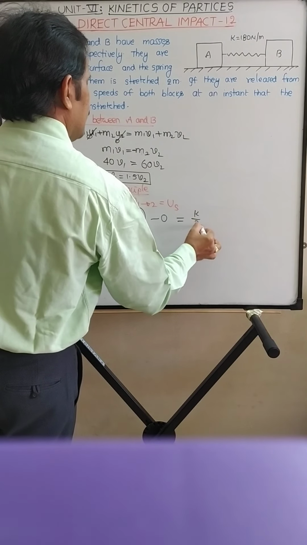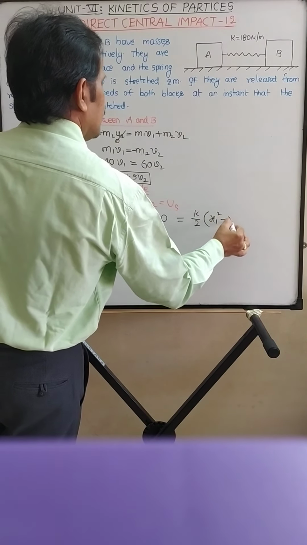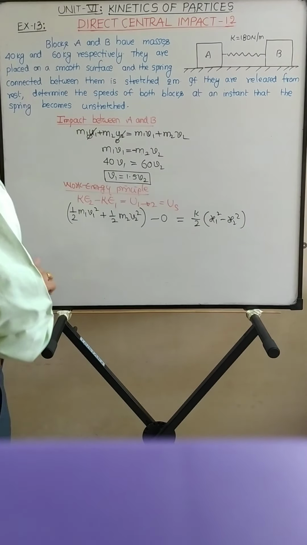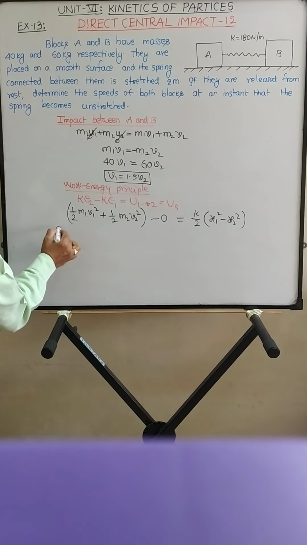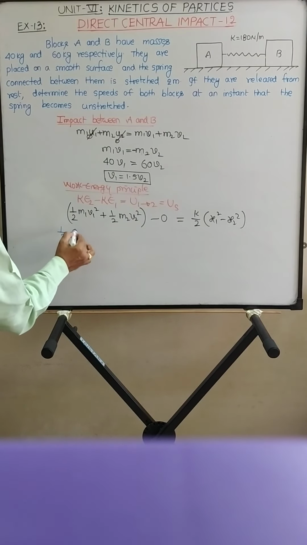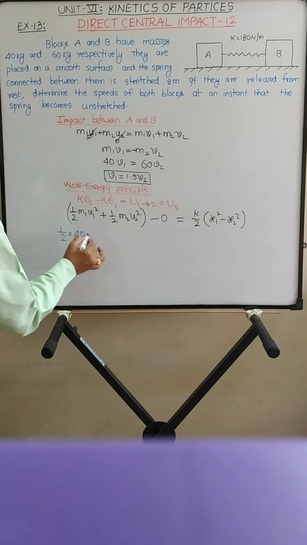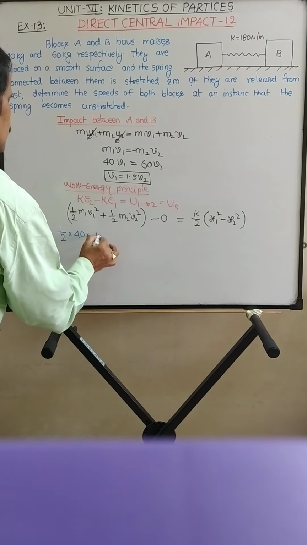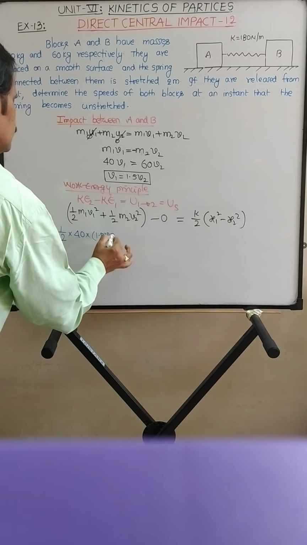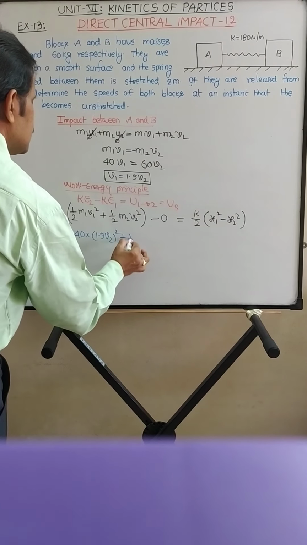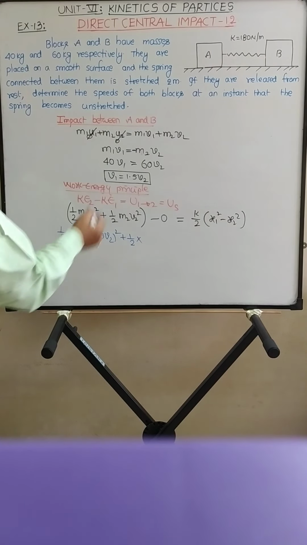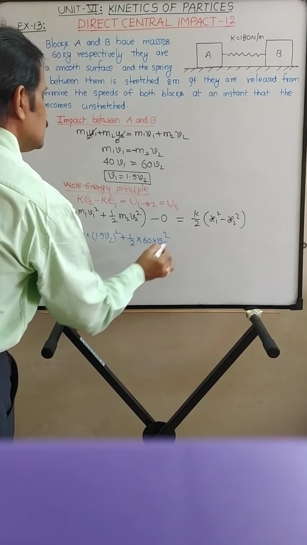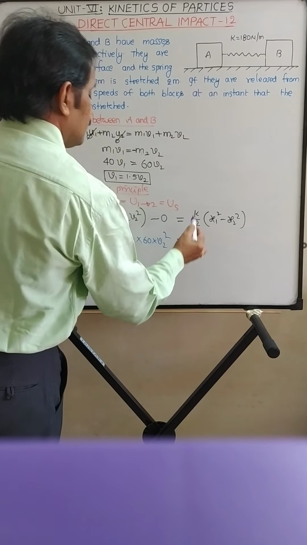So it is k by 2 into x1 square minus x2 square. Understood? So putting the values, 1 by 2, m1 is 40 kg into v1 square. See here, v1 is 1.5 v2. So putting that 1.5 v2 whole square plus half into m2, mass of block B is 60 kg, into v2 square minus 0 is equal to k by 2.